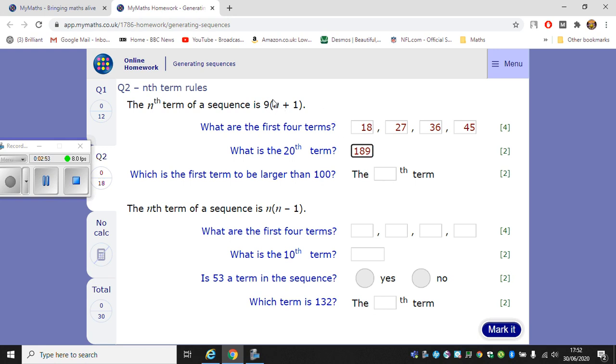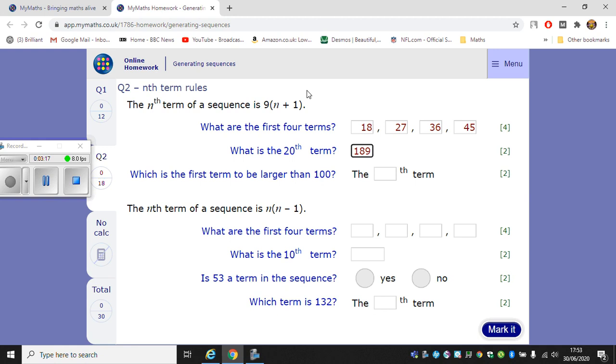So if we choose something quite big, for example, if I choose n equals 10, the 10th position, well, 10 plus 1 would give us 11, and then 9 times 11 would give us 99. Now, 99 is super close to 100, but it's not larger than 100.